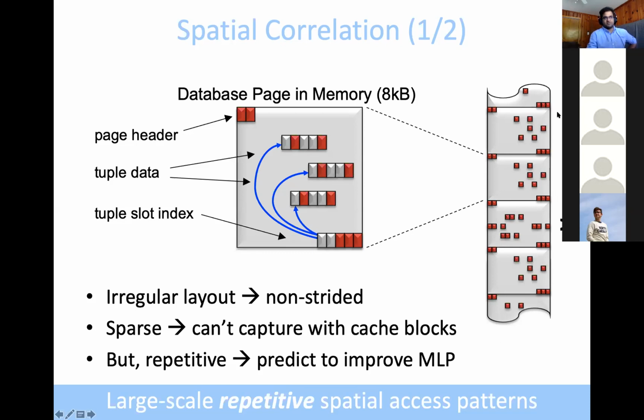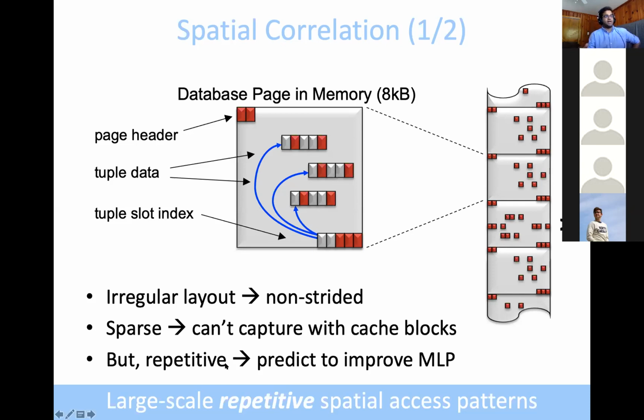So it's all over a page, and a page is typically 4 kilobytes, but in this case we're assuming it's an 8 kilobyte page, and the cache line size is 64 bytes, right? So you have 2 to the power 12 divided by 2 to the power 7. So you have 5 orders of magnitude difference there, I think.